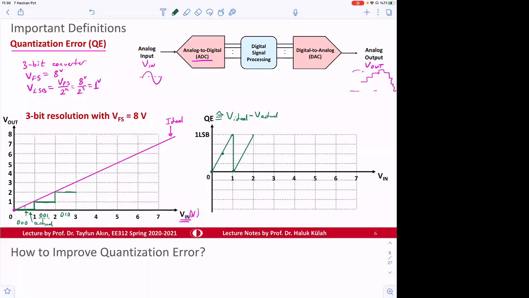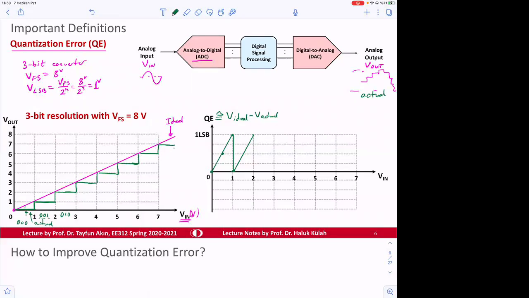So V out actual here. So in summary, in all these representations, this is how the actual result is going to be.